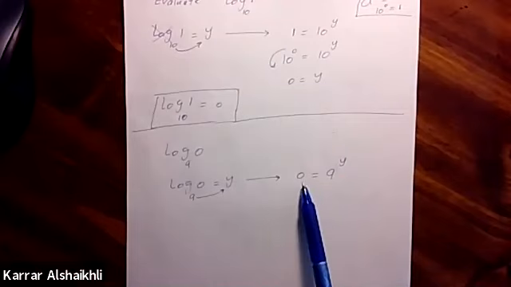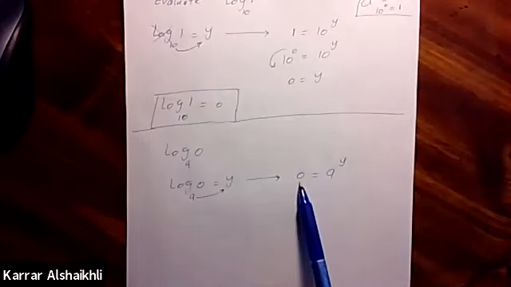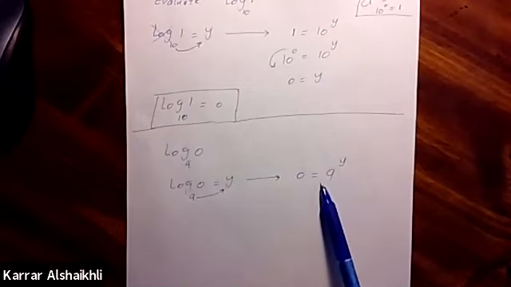Now in this case, you can't find a number with the base 9 to any exponent where the result is going to be 0. You can't move on in this case.